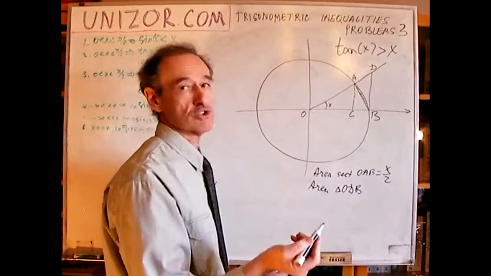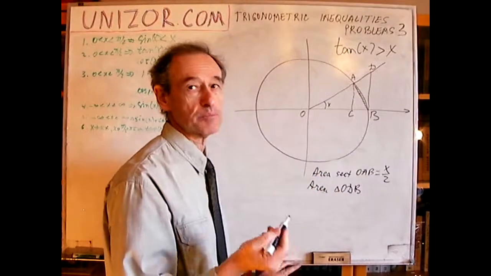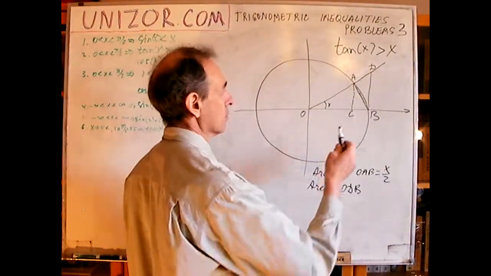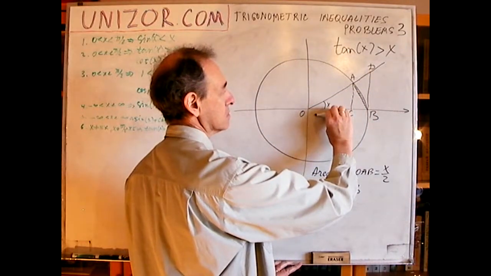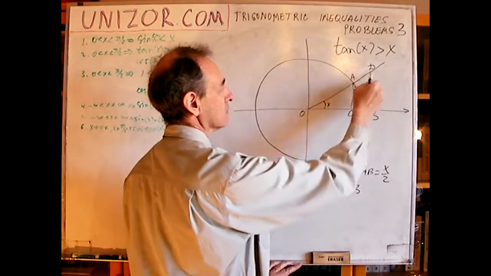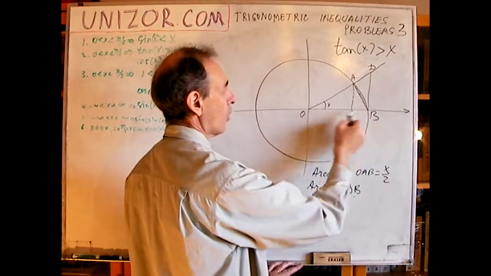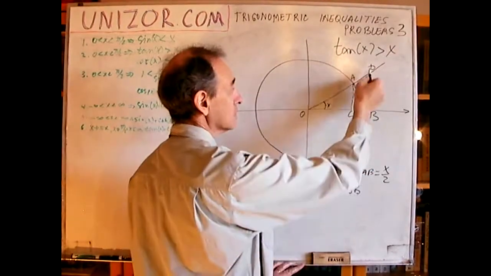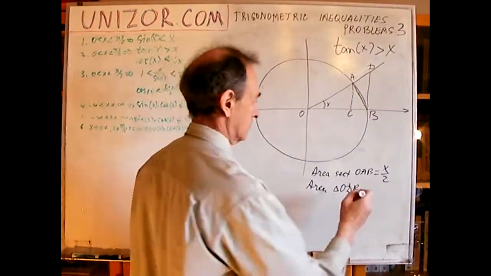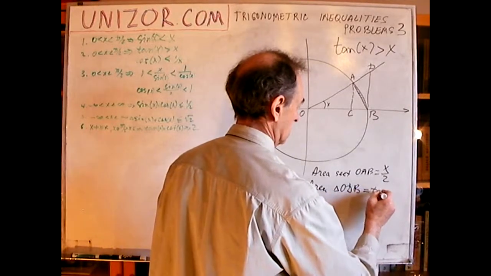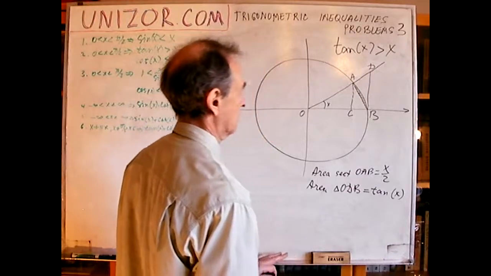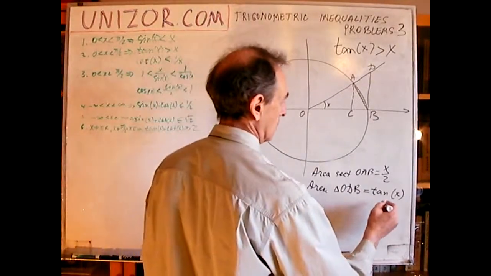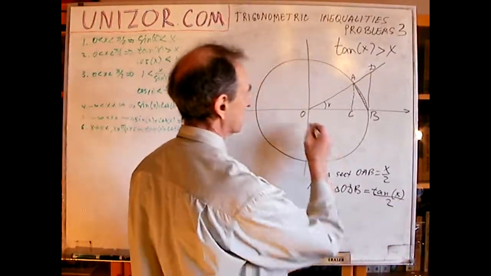Think about tangent. Tangent, in any right triangle, is a ratio between the opposite cathetus to the adjacent cathetus. So tangent of x is equal to dB divided by OB. OB is 1, so dB is a tangent. And we have to divide it by 2, right?